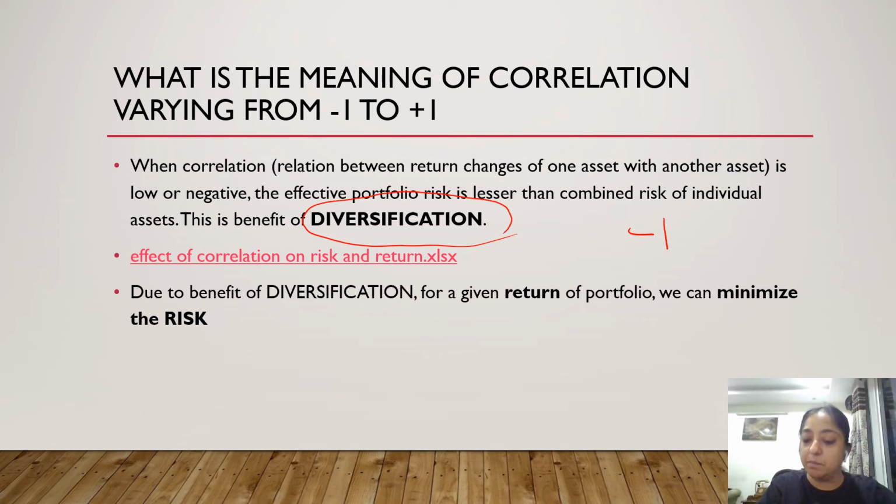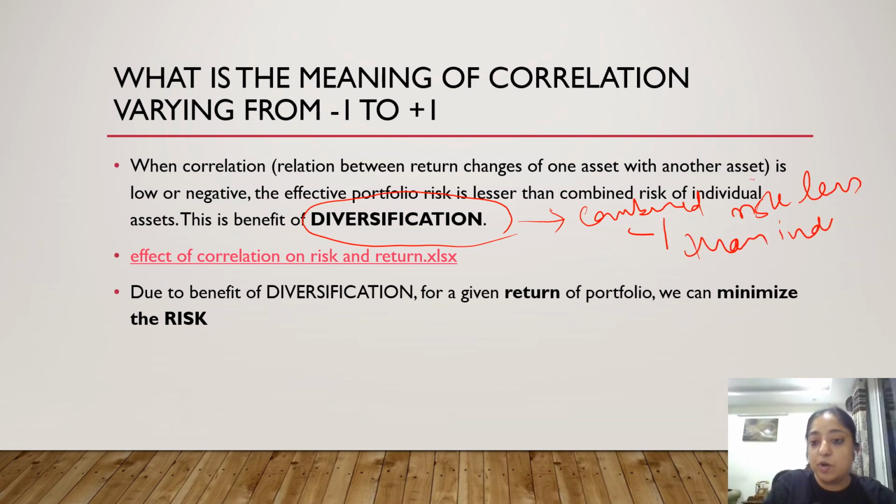And what do I mean by diversification? Diversification is that the combined risk is less than the individual sum of risks. Suppose, so this is, you know, a very interesting property, and that is why we wish to combine two different types of assets when they are negatively correlated.